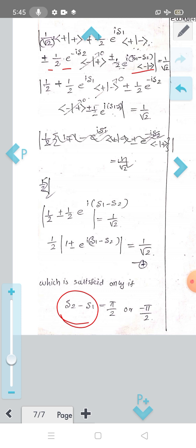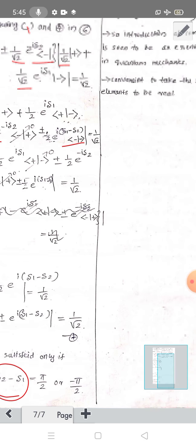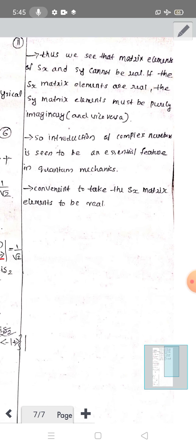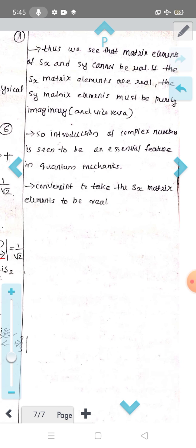So delta 2 minus delta 1 is pi by 2 or minus pi by 2. Thus we see that the matrix elements of Sx and Sy cannot both be real. If the Sx matrix elements are real, then the Sy matrix elements must be purely imaginary and vice versa. So from this we can say the introduction of complex numbers is seen to be an essential feature in quantum mechanics.